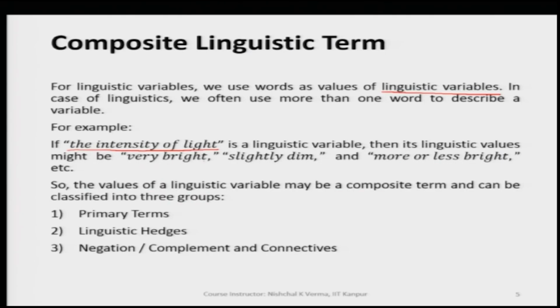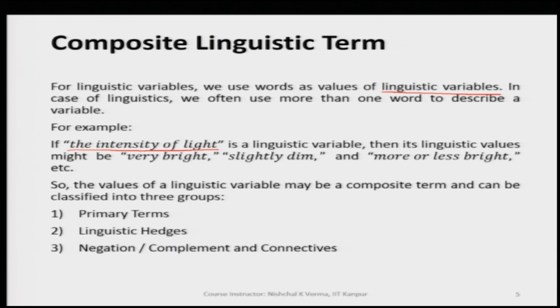Here we have written very bright, slightly dim, more or less bright. All these are, if we discuss further, the hedges. So, these come under that. We will understand these terms when we move a little ahead.